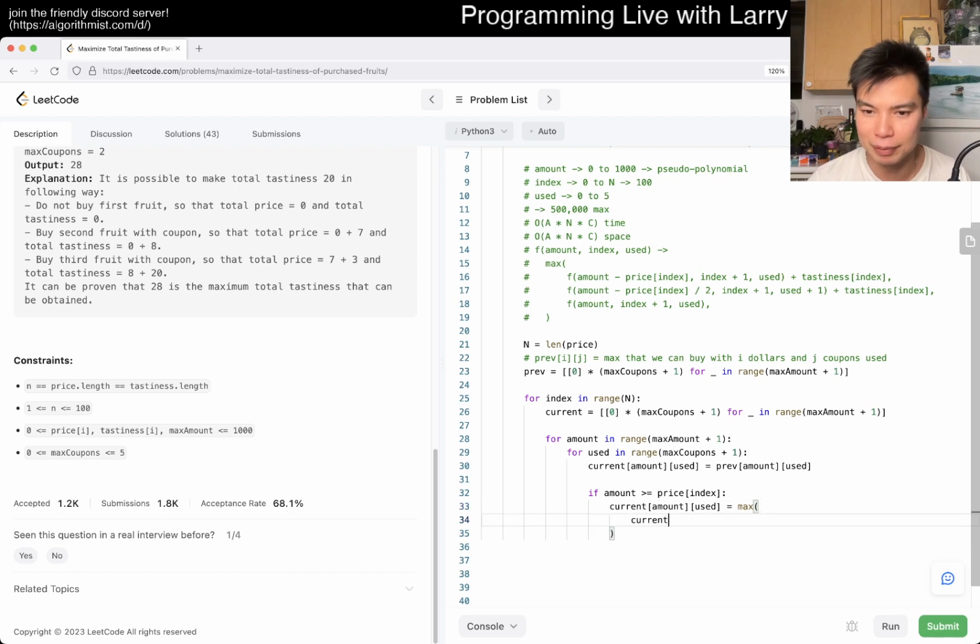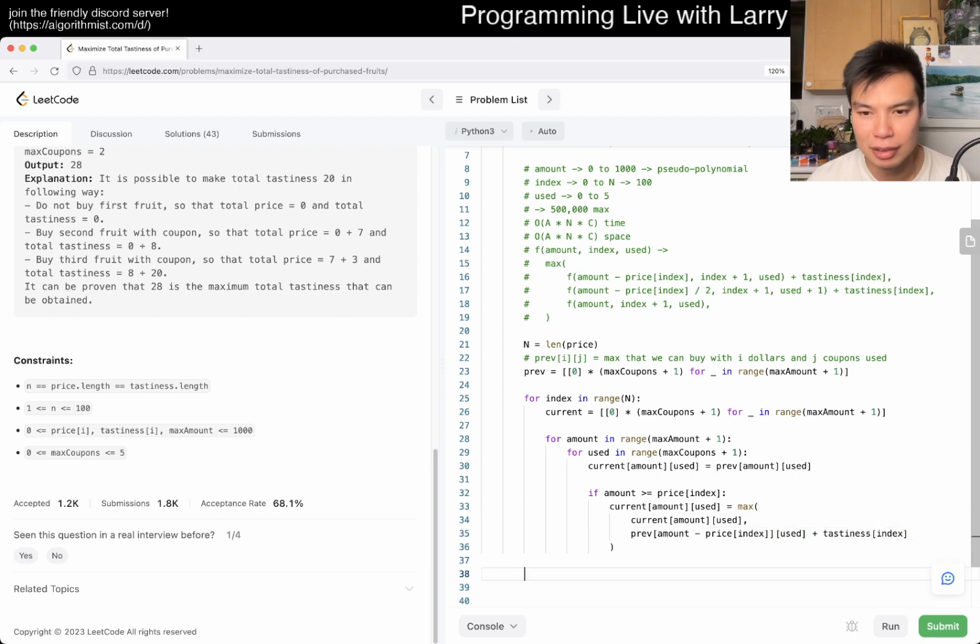This is basically the first line, which is previous of amount minus price index, and then used plus tastiness of index, right?